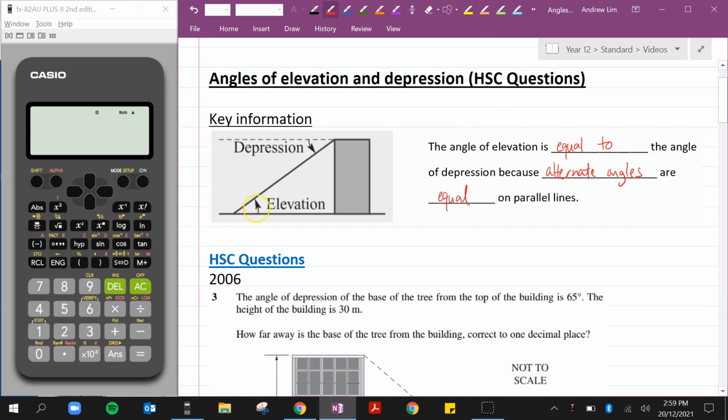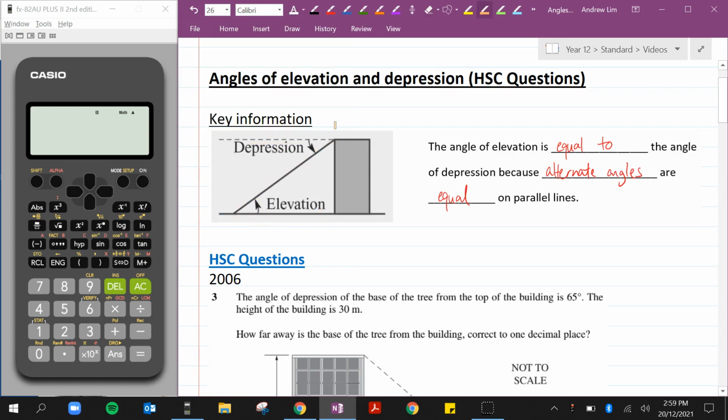So here we've got the angle of elevation, here we've got the angle of depression, and they are equal. If a question tells you that the angle of elevation is 30 degrees, the angle of depression is also 30 degrees. If a question tells us that the angle of depression is 67 degrees, then the angle of elevation is 67 degrees. Okay, they are equal because alternate angles are equal on parallel lines.